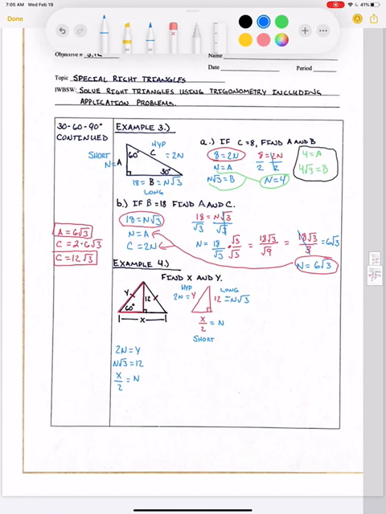The only one that has one letter is the middle one right here. Okay, so I'm going to use this and I'm going to solve for n.